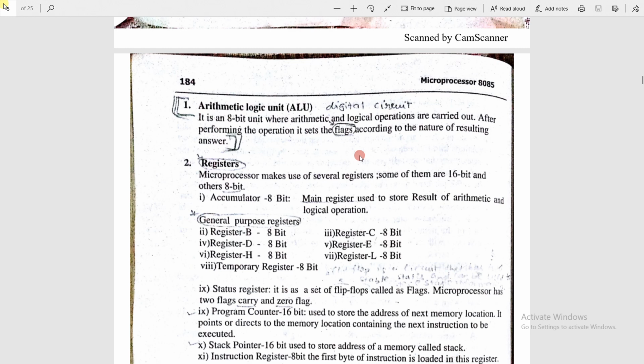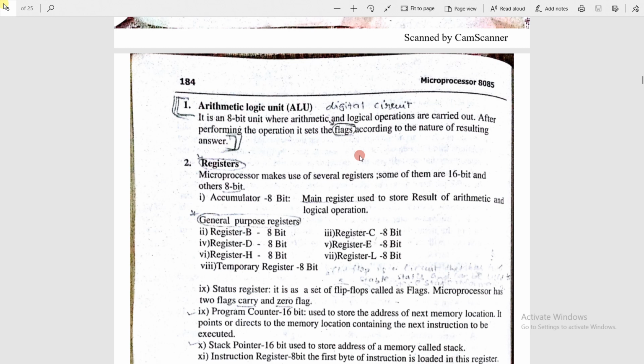So the status register is a set of flip-flops called flags. Flip-flop is a circuit that has two stable states and can be used to store state information, either 0 or 1. We are talking about a general microprocessor, not 8085. A general microprocessor has two flags, one is carry flag and one is zero flag.